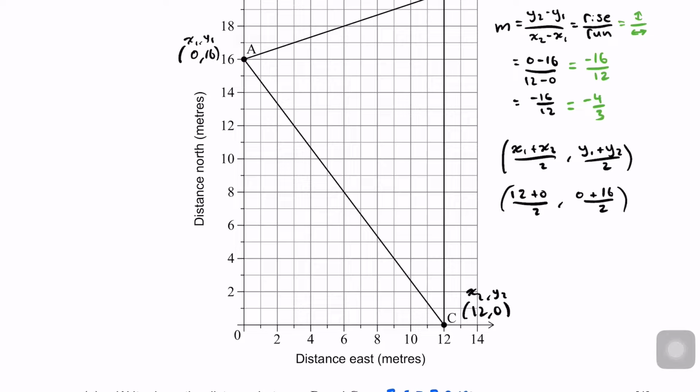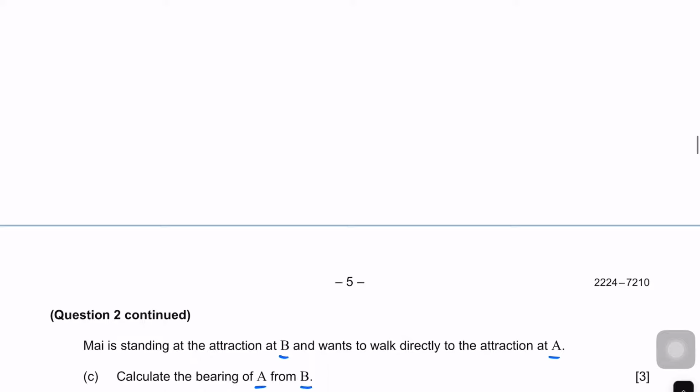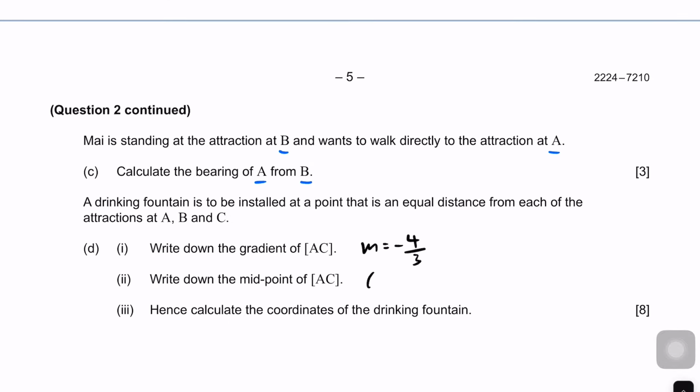This is going to be 12 over 2, which is just 6. And this is 16 over 2, which is just 8. And that is our midpoint, essentially the halfway point between A and C. That would be (6, 8).